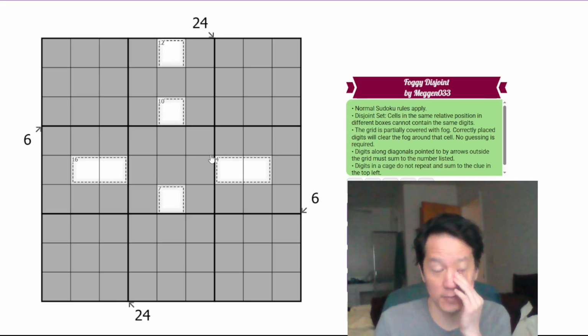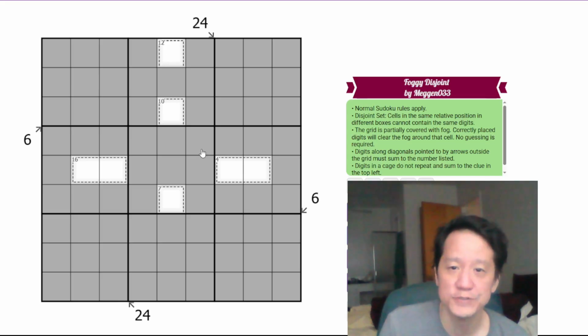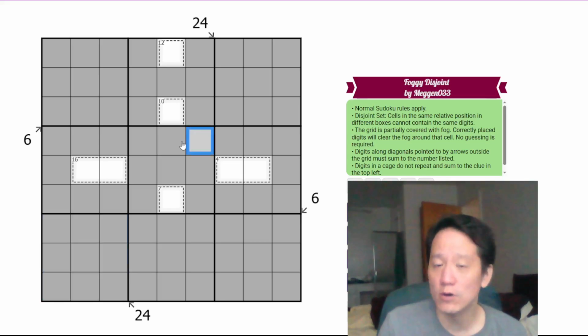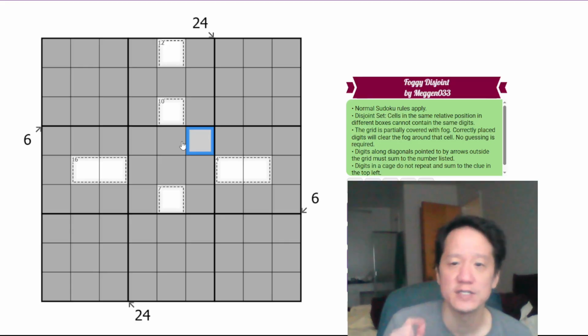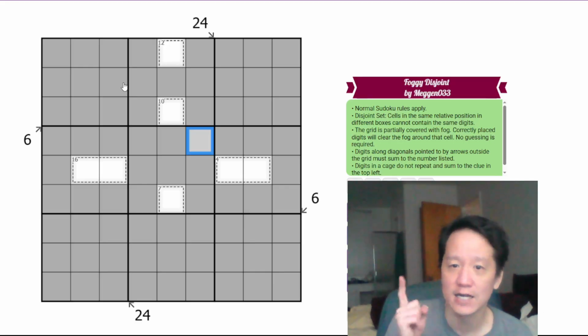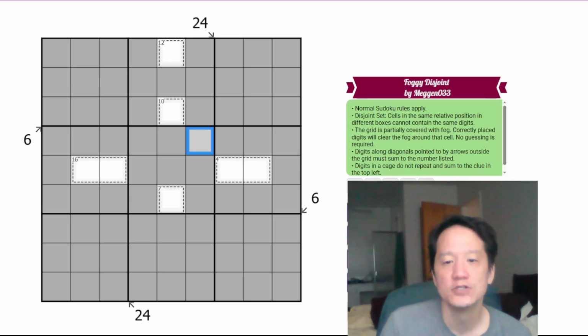Anyways, here are the rules. Normal Sudoku rules apply, which means fill the entire box with the digits 1 through 9 without repeats in any row, column, or box. We also have disjoint sets, where cells in the same relative position in different boxes cannot contain the same digit. So basically, you can't have repeats.